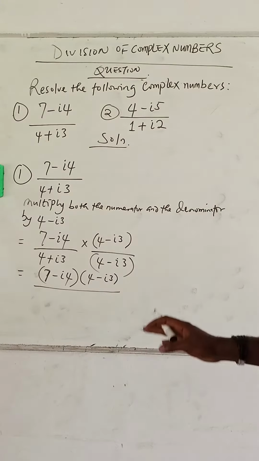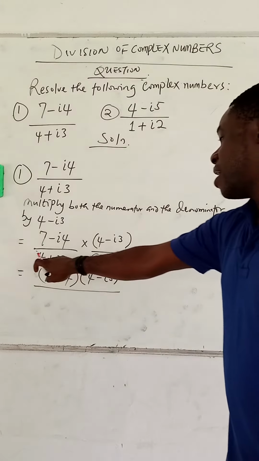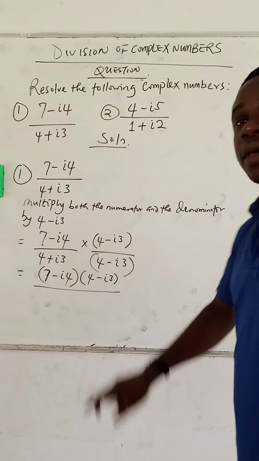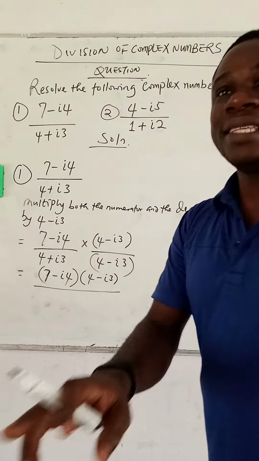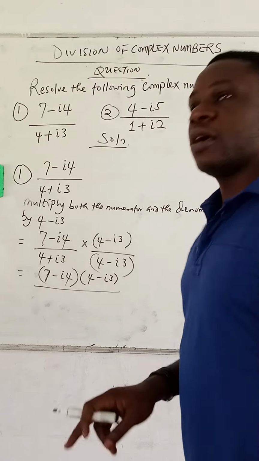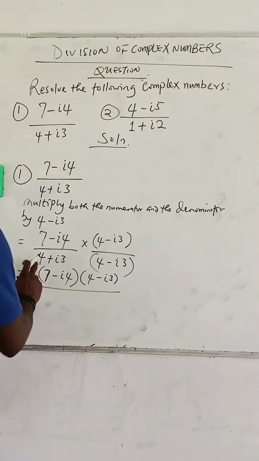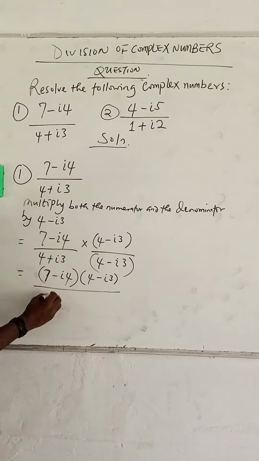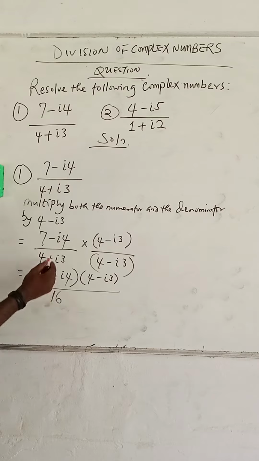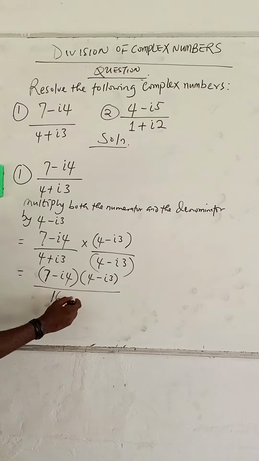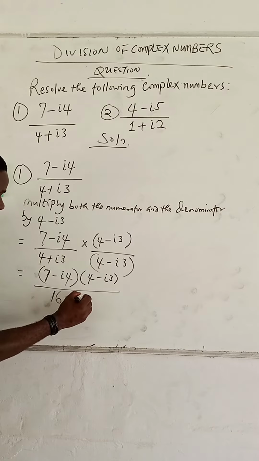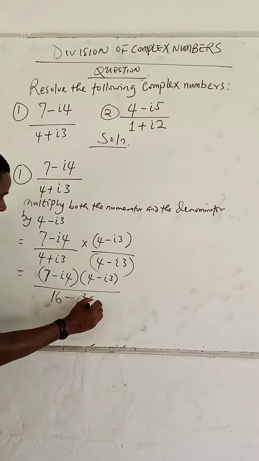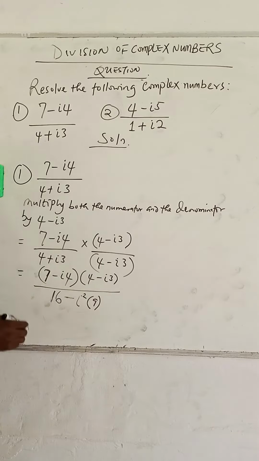We multiply the first term with the first term, the sign with the sign, and the second term with the second term. So we have 4 times 4 is 16, and plus times minus is minus, then I squared times 9.